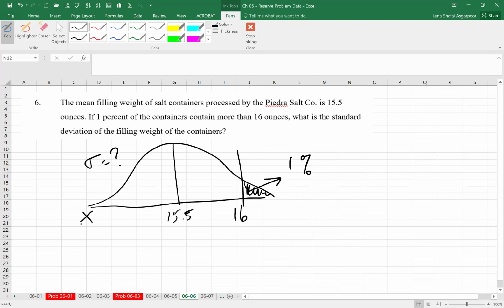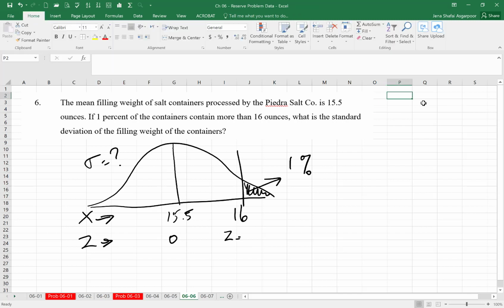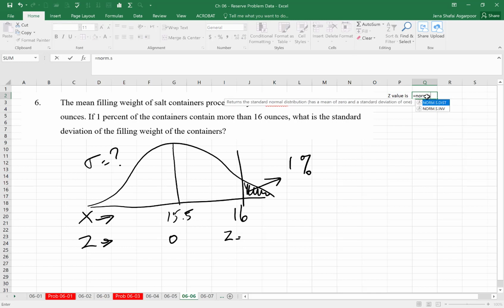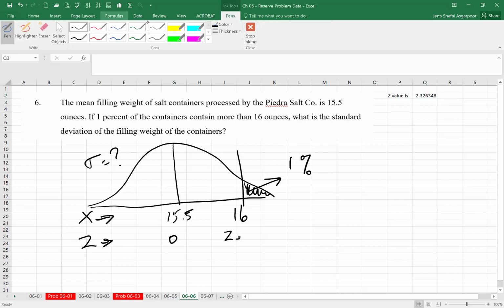So again, if this is the x-axis, then on the z-axis we have 0 here, and we can find the z-value associated with that point. The way we do that is by using norm dot standard normal inverse, and we want to include 0.99 in there because we know this area is 99%.